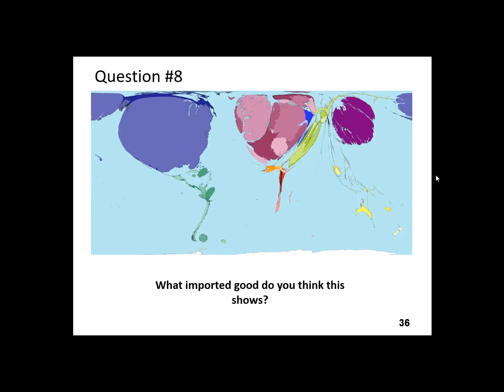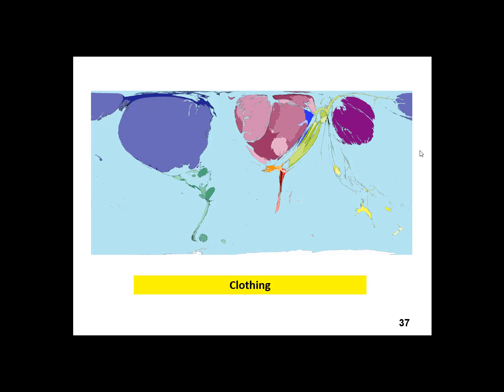So for question 8, we have another cartogram, but this time we're looking at imports. So the countries that are really big are importing this good. We see the United States, the United Kingdom, Western Europe. Check out Japan over here. Okay, these countries are importing a good. So what good do you think that is? If you guessed clothing, you'd be right.